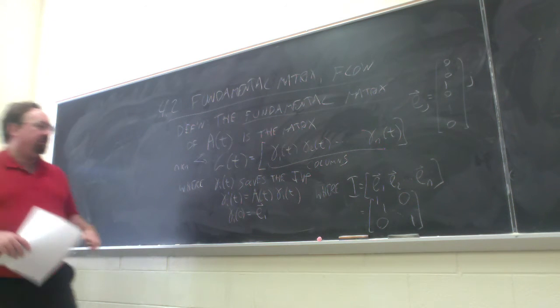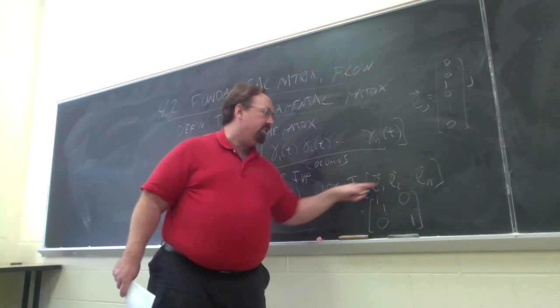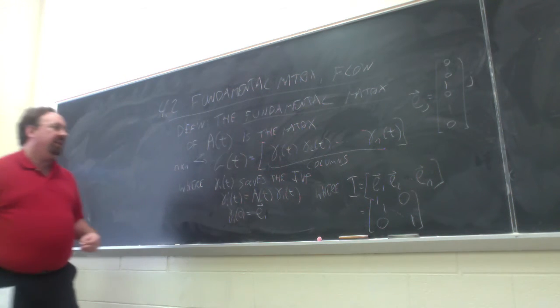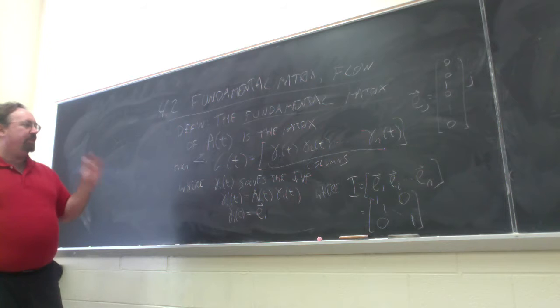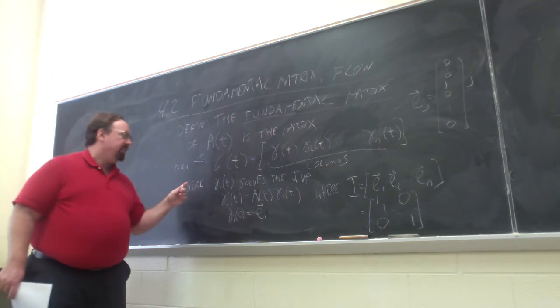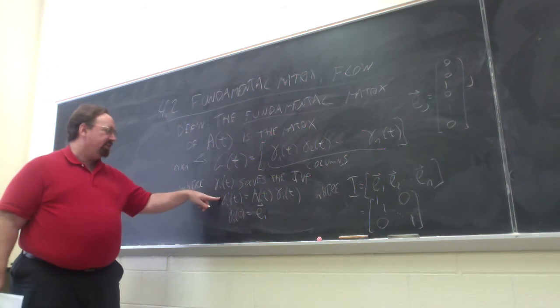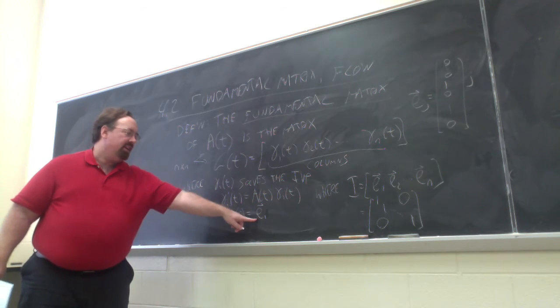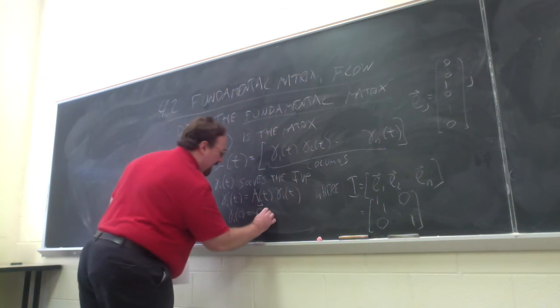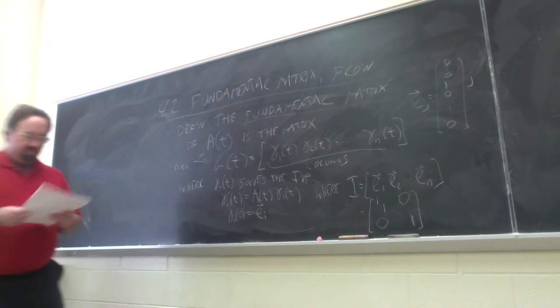By looking at the columns of identity, this is the standard basis for Rn. So if we have a fundamental matrix, we can describe the solution of this initial value problem where we can have any initial condition. That's an E sub I there.